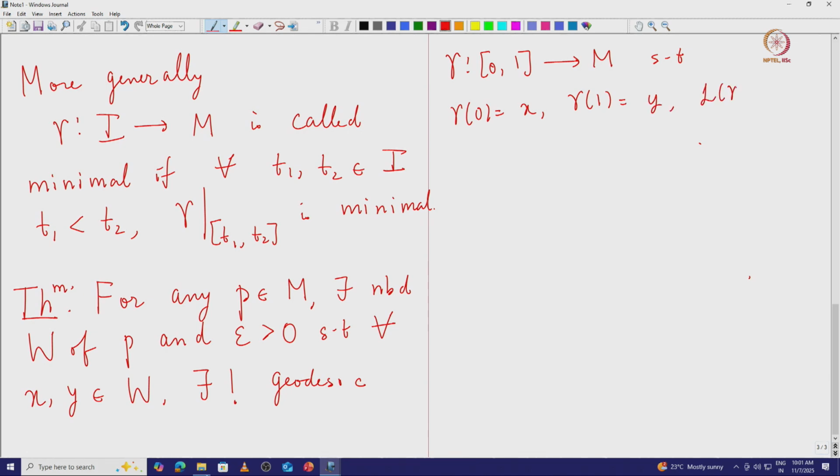Gamma is a short geodesic in the sense that the length is smaller than epsilon, and crucially gamma is minimal. Okay.